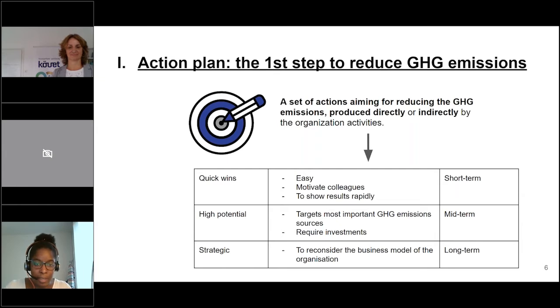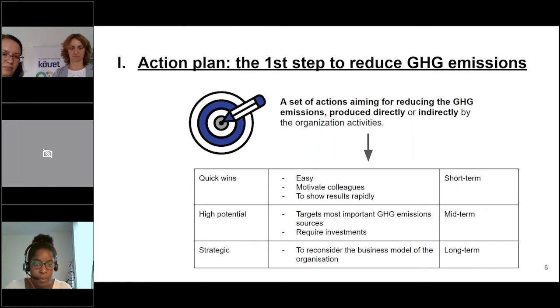And after that, you have to shape the action plan since the beginning of the GHG inventory. Of course, you have to think: I will calculate my carbon footprint of my organization with the objective of reducing my GHG emissions, and for that, I absolutely need to implement an action plan to reduce it.